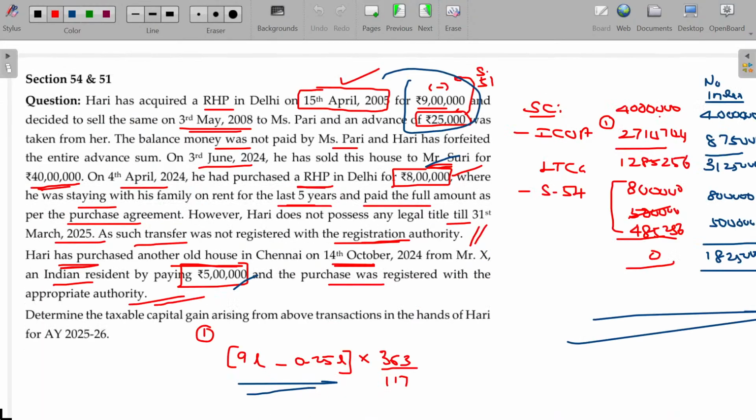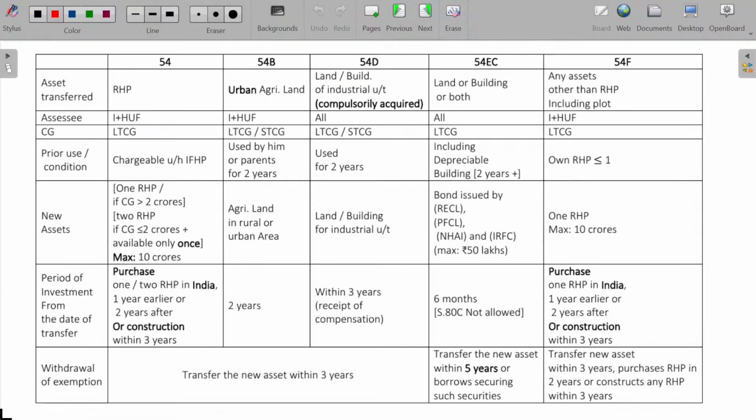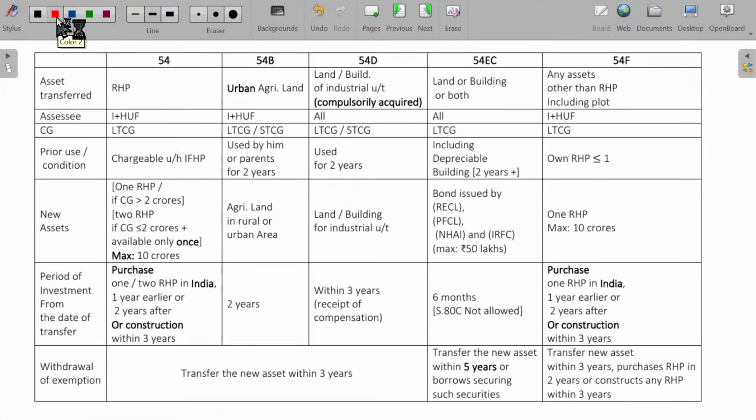Now, finally, I have to go to section 54F. 54F is one of the interesting sections. Here, any assets other than residential house property are covered. What happens in the case of middle class people? Is it possible to purchase a house property in a single shot? Naturally not so.